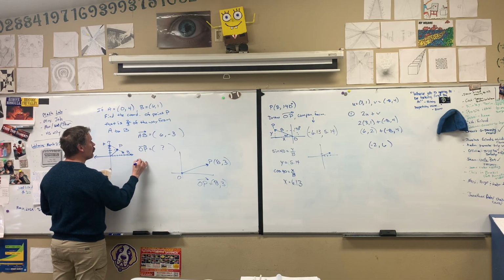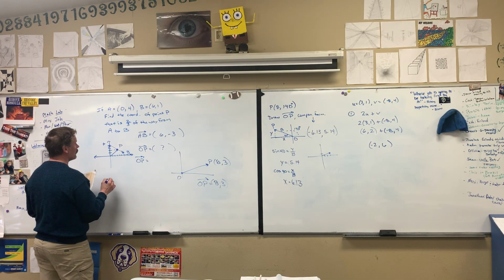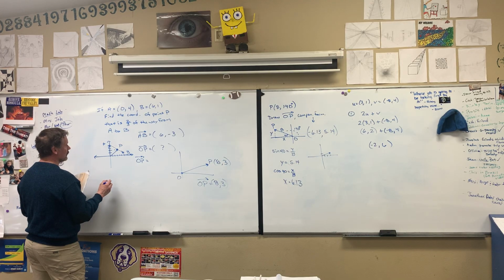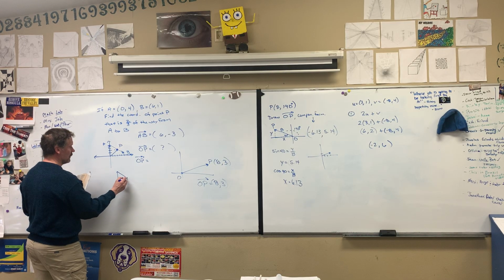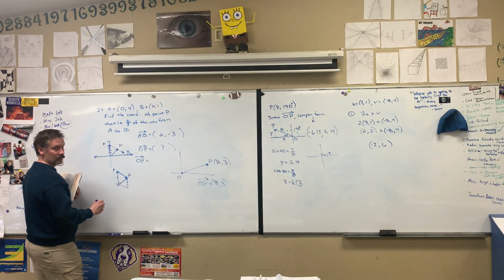If you think about vector OP in terms of vectors being added together, remember Friday, I talked about adding vectors together and you can make a parallelogram. OP is made up of O to A, and A to P. If I go from O to A to P, what's the diagonal I just created?